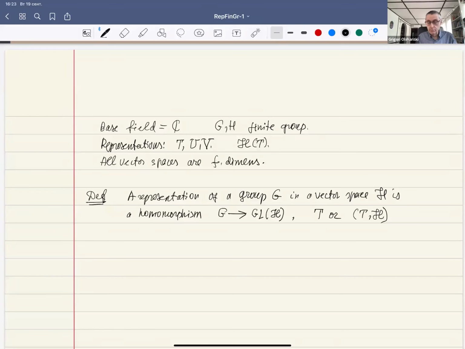So the first example, why in principle representations do exist, is the so-called permutation representations.